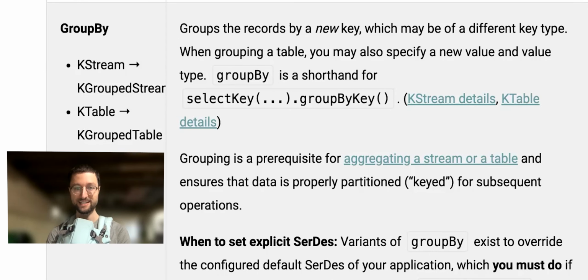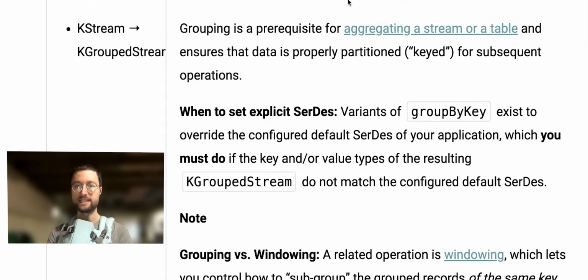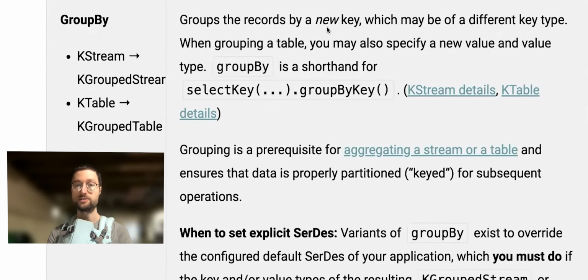All right, and it says here, groupBy groups the records by a new key, which may be of a different key type. Okay, so when you say groupBy, it definitely means you're going to be grouping by a new key, whereas groupByKey definitely doesn't use a new key. groupByKey always uses existing keys, whereas a groupBy always uses a new key.